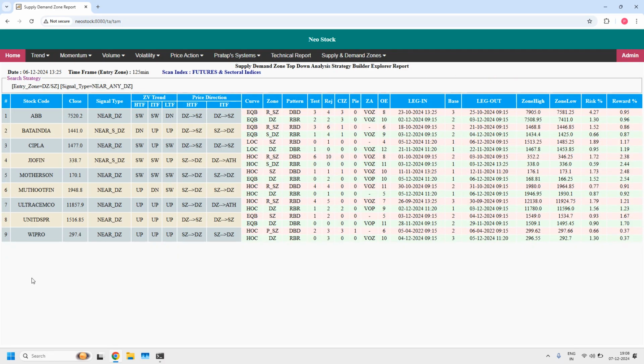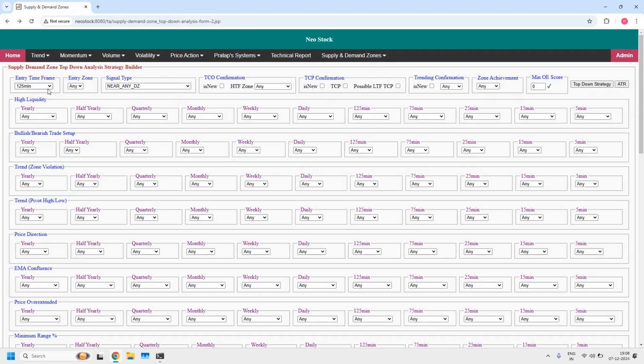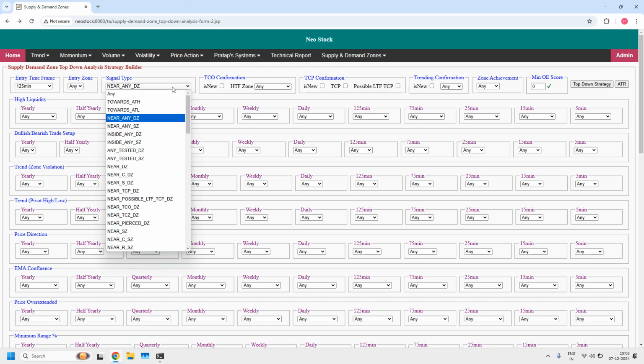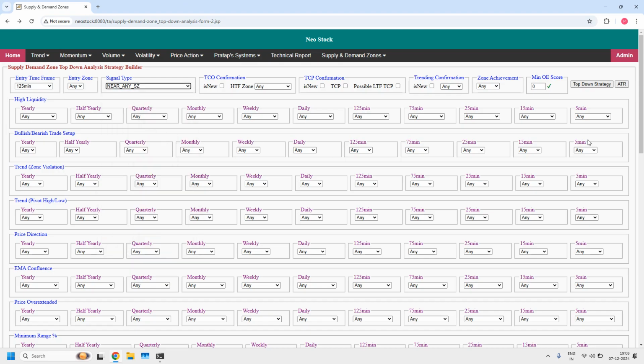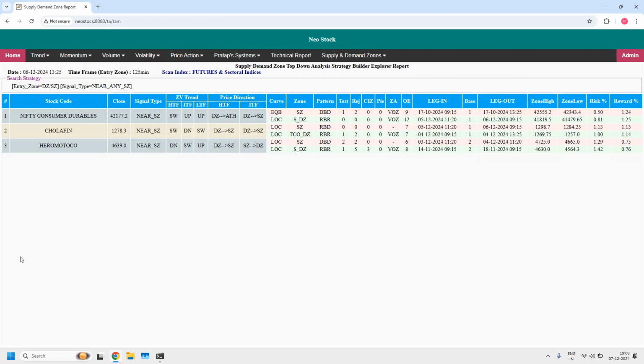We got 9 stocks. Next, 125 minutes time frame. Stocks near 125 minutes supply zone. We got 3 stocks.